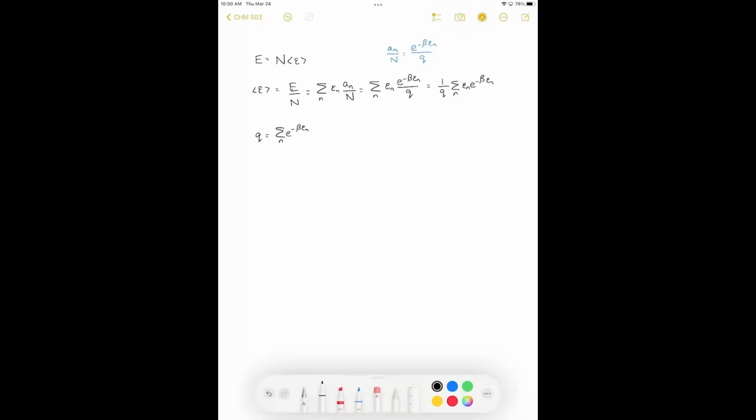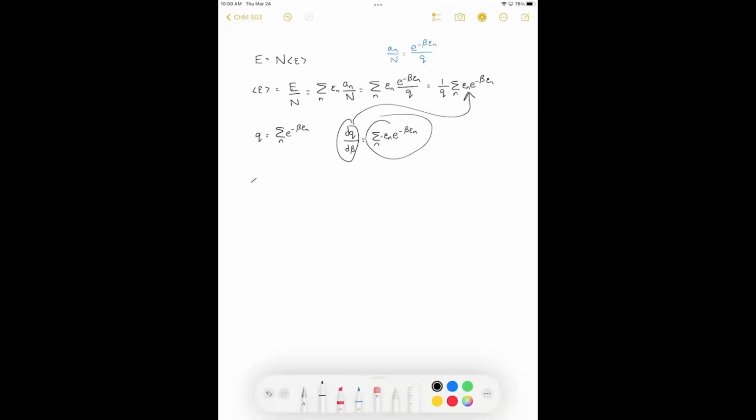So we can note that the derivative of Q with respect to beta would be the sum over all of the n's of epsilon n e to the minus beta epsilon n, and this would be negative. So we can substitute this here, we can substitute dQ d beta in for our term here.